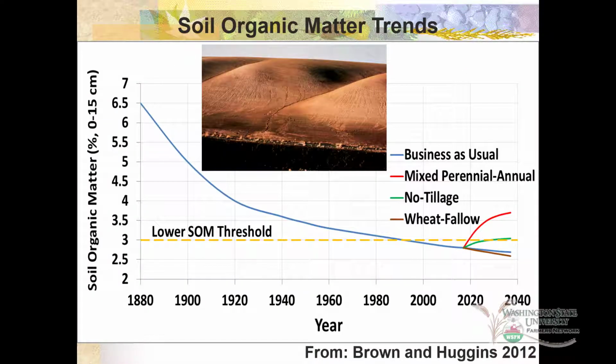So where do we come from in terms of soil organic matter trends? Some of this, you can say that we started off here at around 6% or so soil organic matter, and then we slowly declined over time. Part of our challenge is to actually set thresholds in terms of, well, how much is enough?